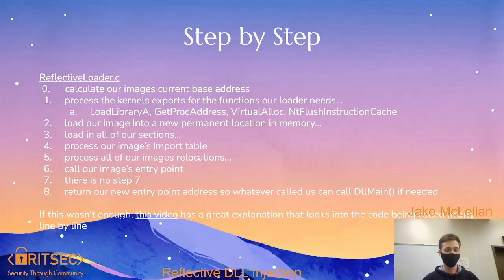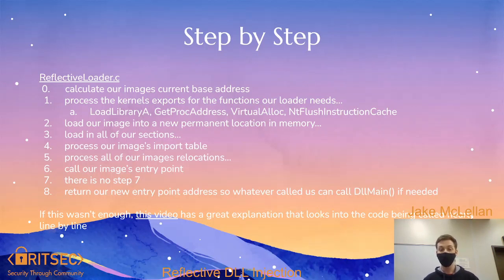The other 3 are pretty neat, and those are all basically used to load the DLL. Funny enough, we're calling LoadLibraryA, which is kind of what we were bypassing in the first place, but whatever. Then step 2, but actually 3, we load our image into a new location, but this is the permanent location where it'll actually be executed from.